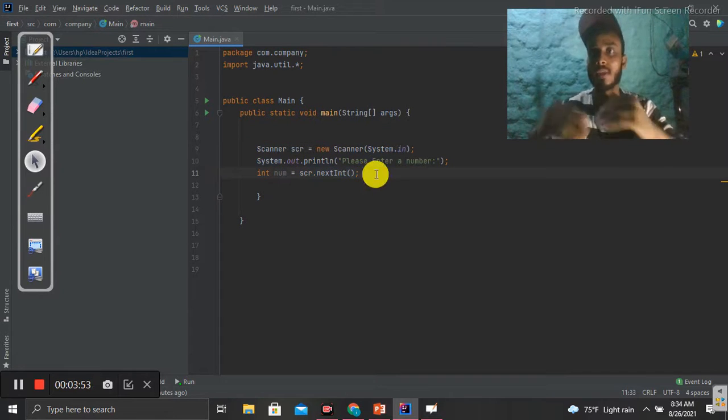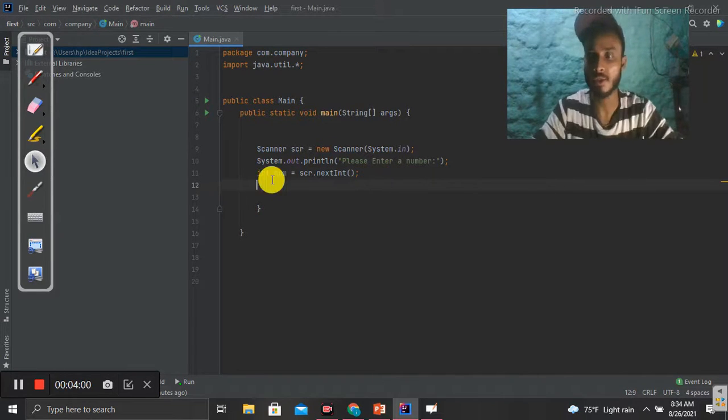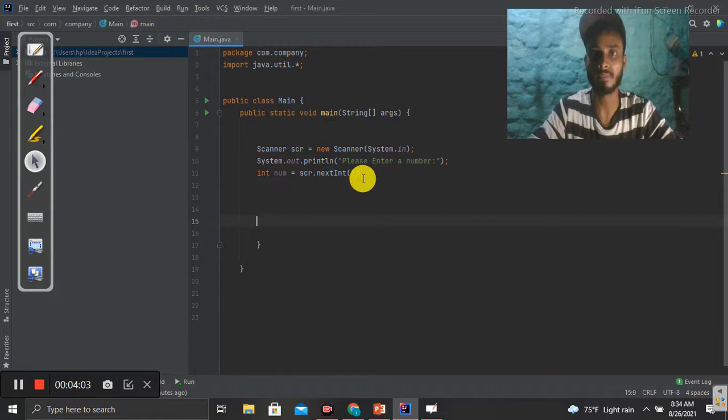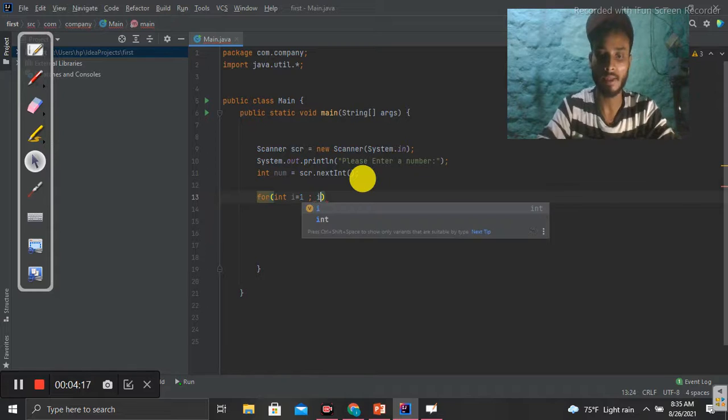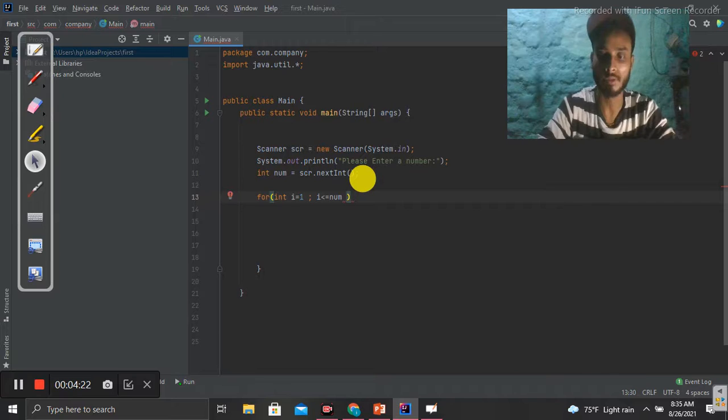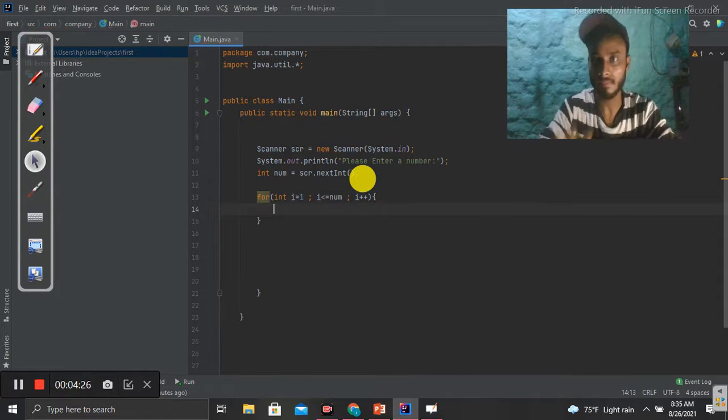When the user gives input, this input comes here into the num variable. So let's get started with our code. I will write a for loop: int i equal to 1, and i less than or equal to num, because we are taking a number of values from the user, and i plus plus.